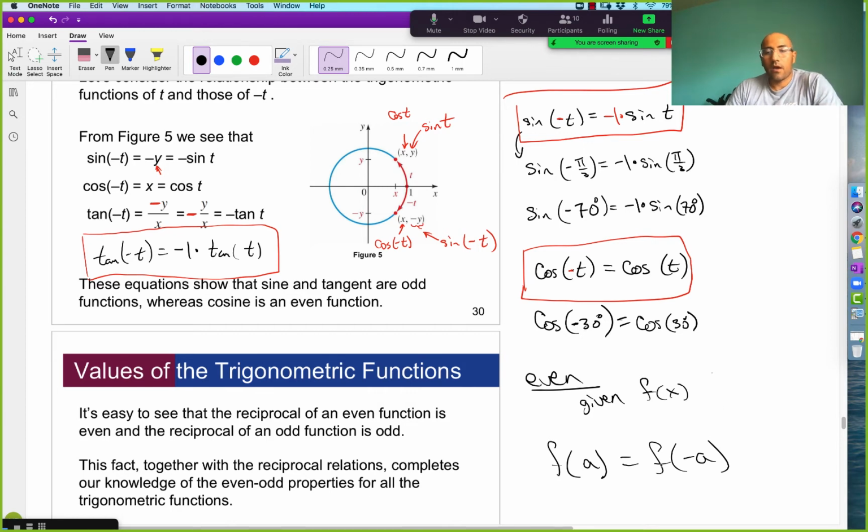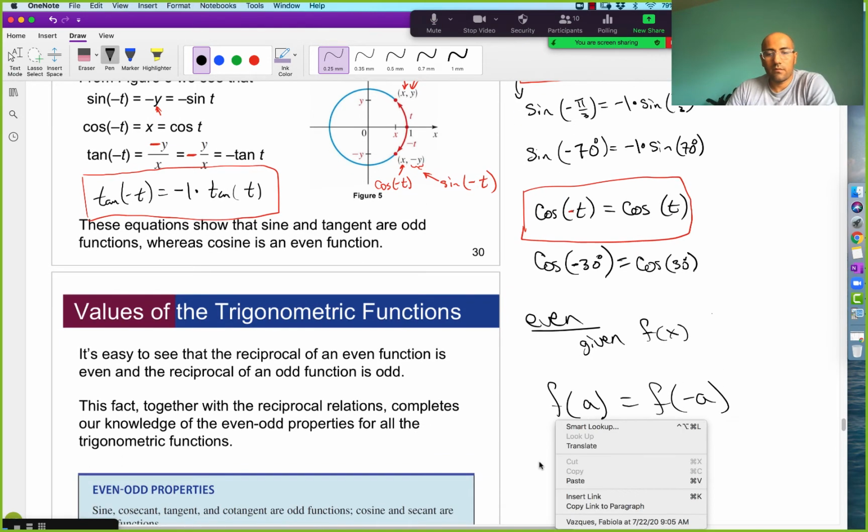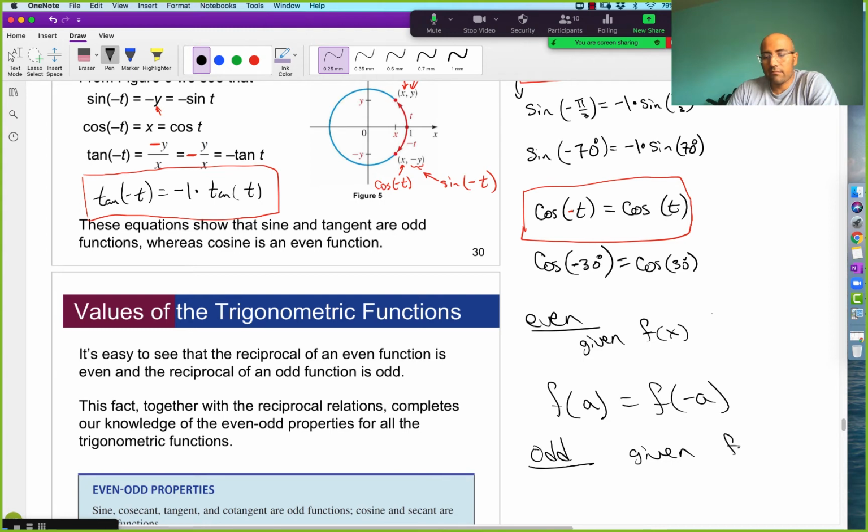And an odd function, given some function g of x: if I plug in a negative a, that's almost equal to plugging in a positive, except that there's a minus out in front, then we'd say that this one's an odd function.